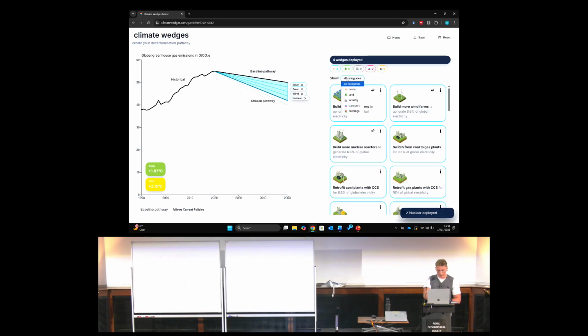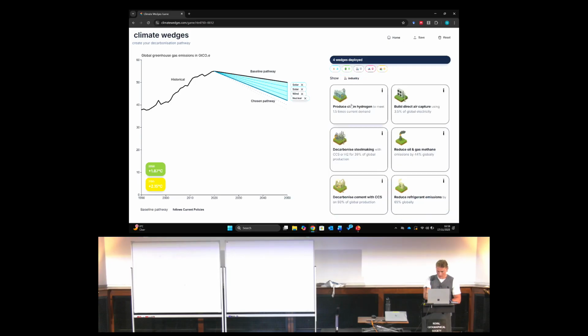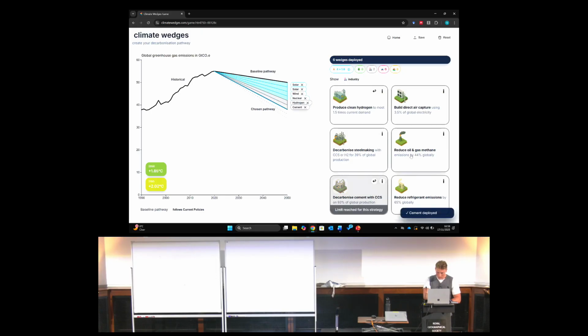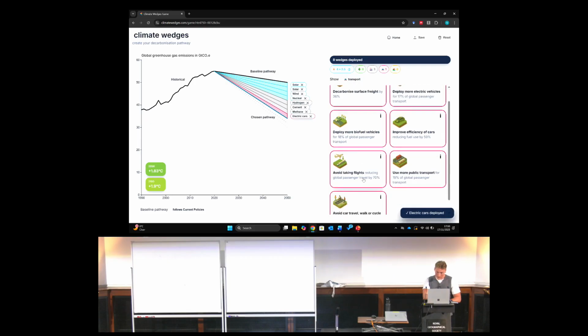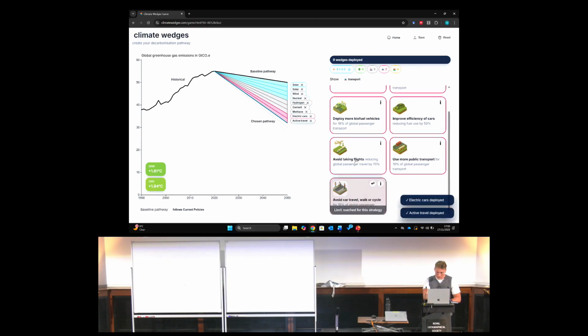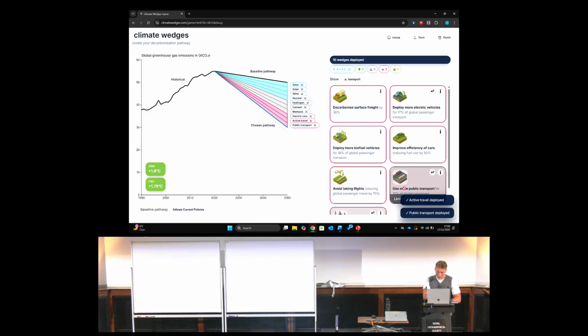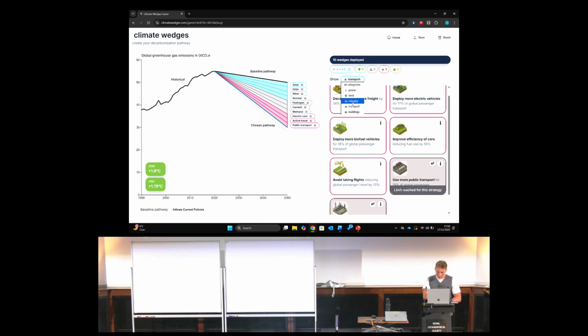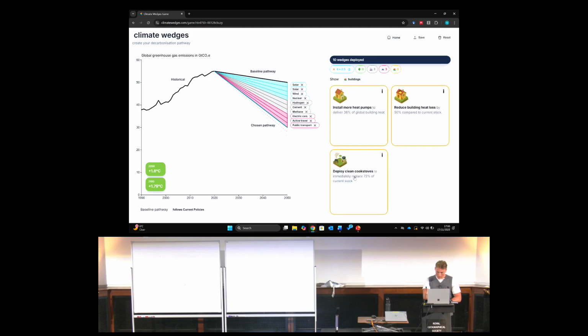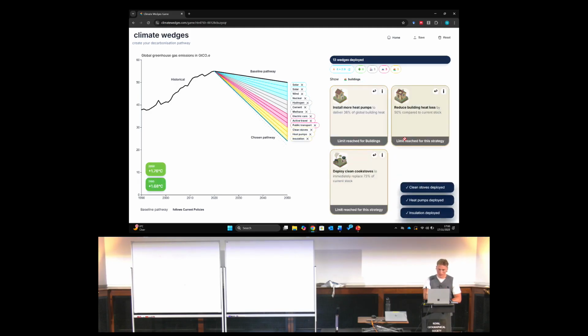And then in industry, we had hydrogen, we had cement, we had reduce oil and gas, EVs. We also opted for active travel, public transport, cook stoves, which are in buildings, heat pumps and insulation.